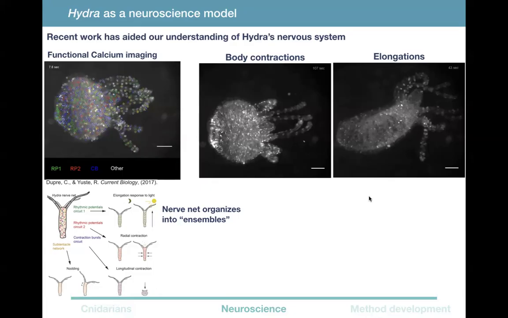So you may think, well, maybe they're not wired together, and that's what seems to be the case. But physically, they can be in contact with each other. So there's some molecular cue that tells them when they should fire and with whom. But there is a distinct internal and external nerve net that are separated by this basement membrane.